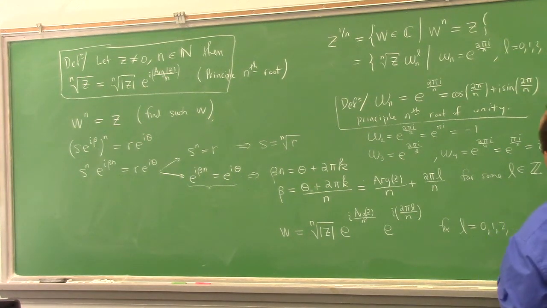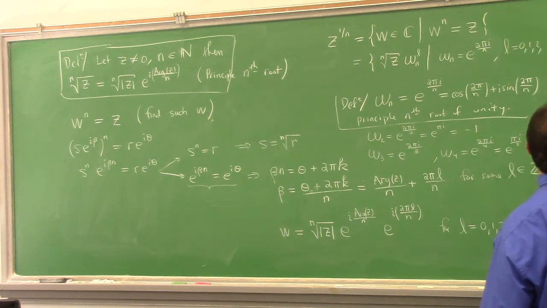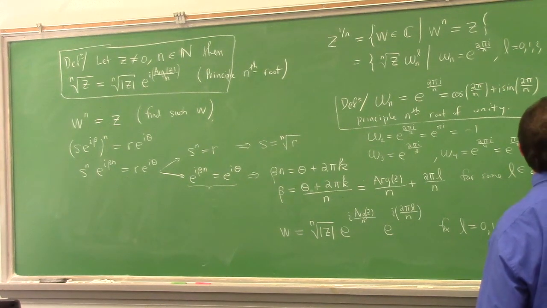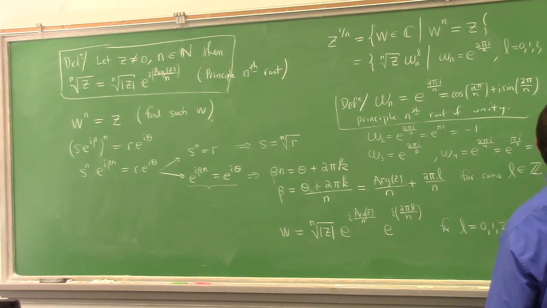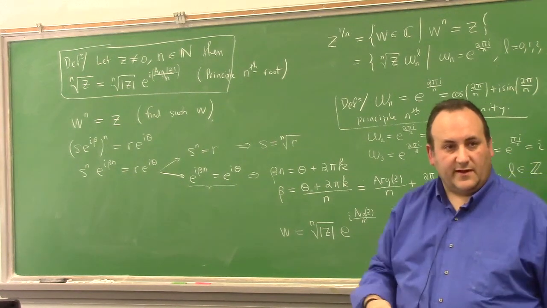So just to give you an example, if we calculate the principal fourth root of i, that's the principal fourth root of e to the what? Pi i over 2, right? So that's just e to the pi i over 8, because the argument here is pi over 2.